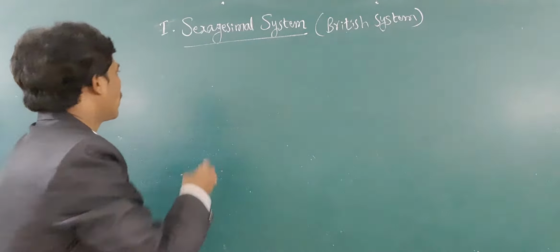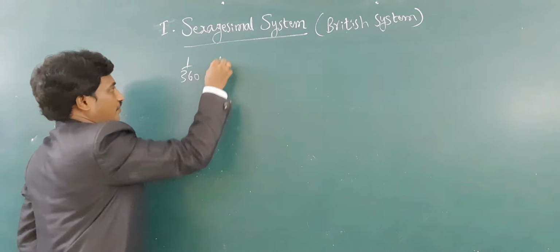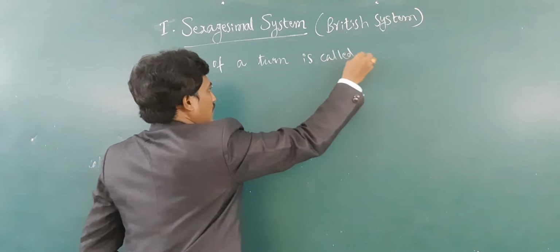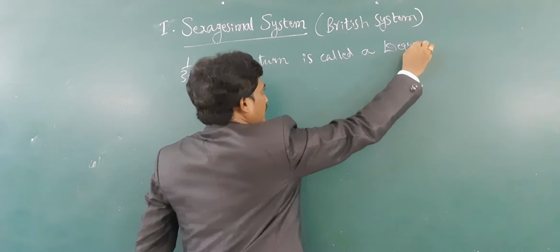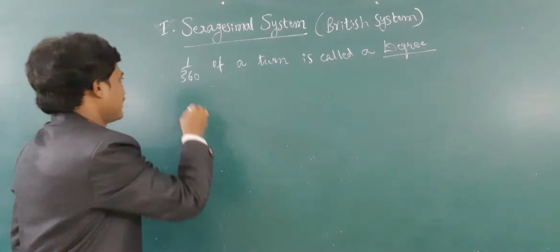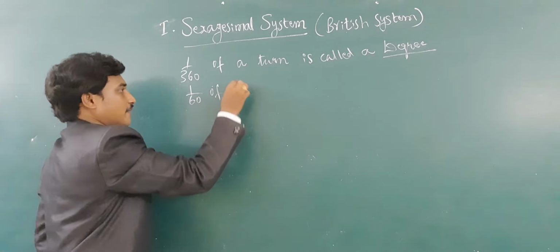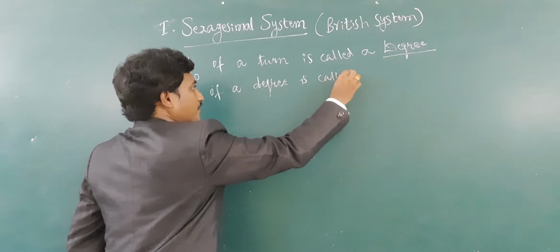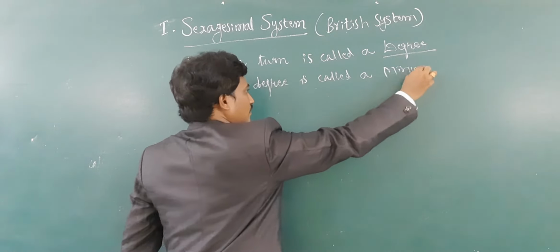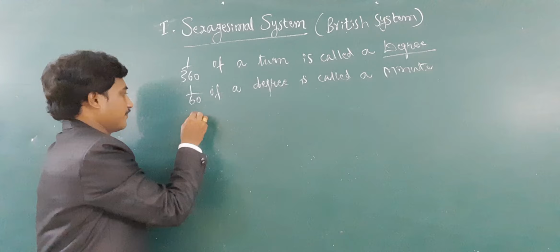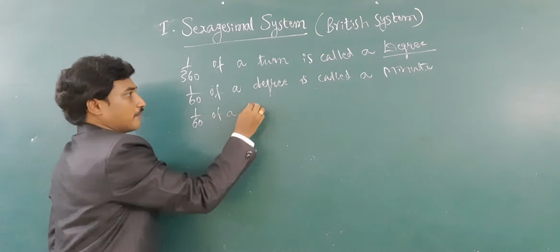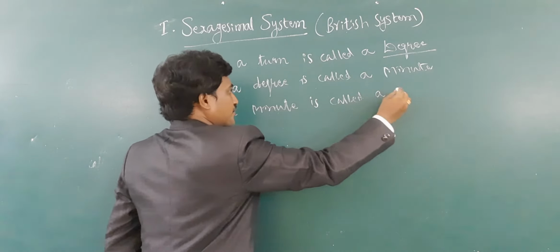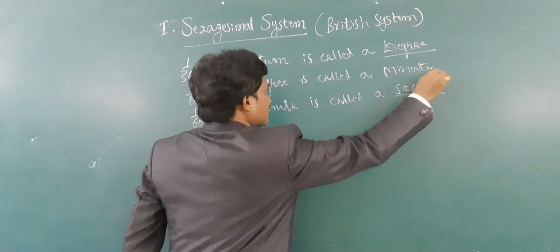Finally, we can say 1 by 360 of a turn is called a degree. 1 by 60 of a degree is called a minute. 1 by 60 of a minute is called a second in sexagesimal system.